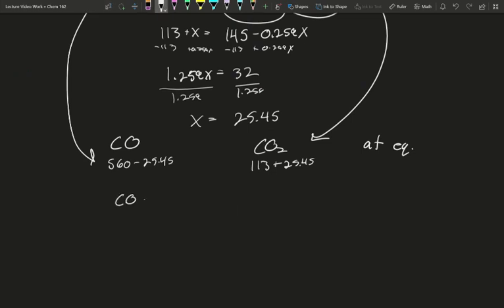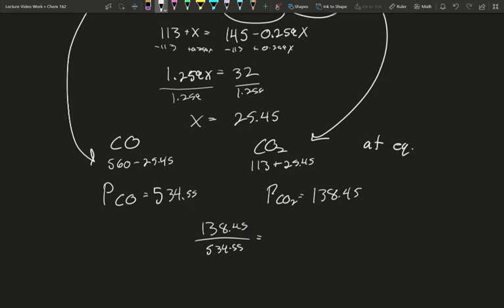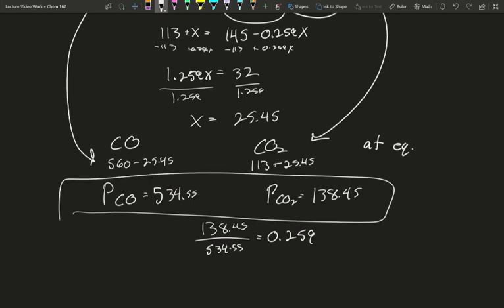Well, the pressure of CO then is going to equal 534.55. The pressure of CO2 will be 138.45. To check, 138.45 divided by 534.55. Do that division, and 0.259 is what you get. So these will be the concentrations that we will have when we reach equilibrium.